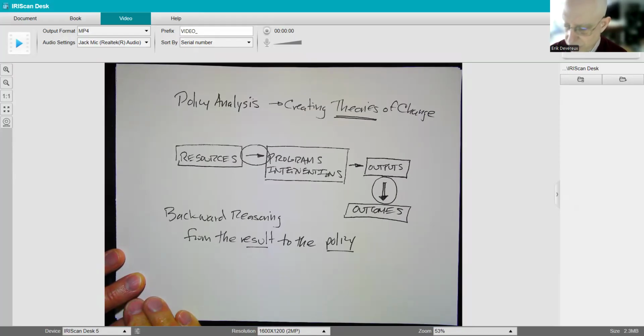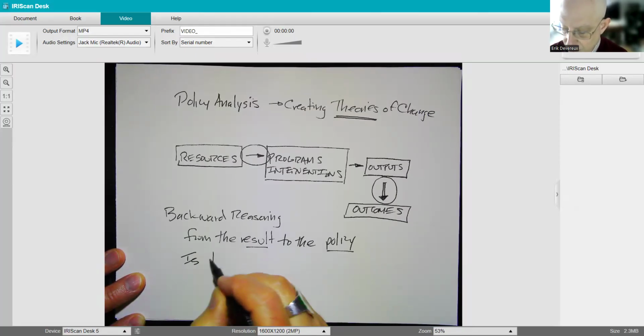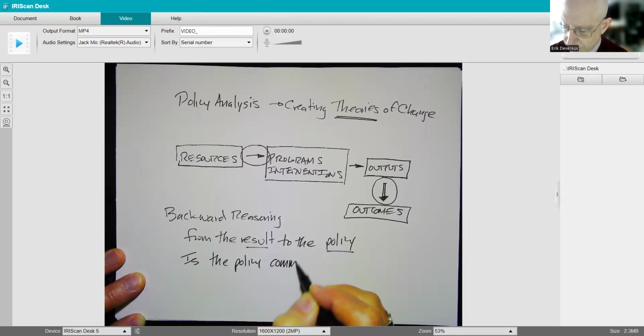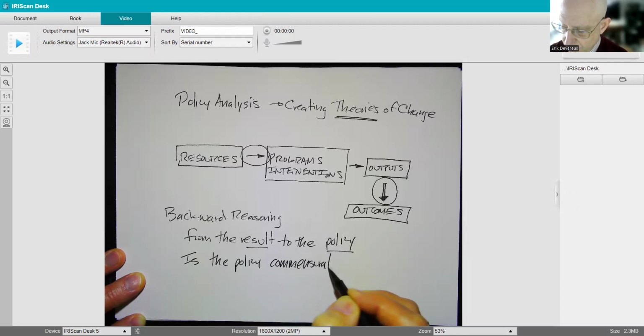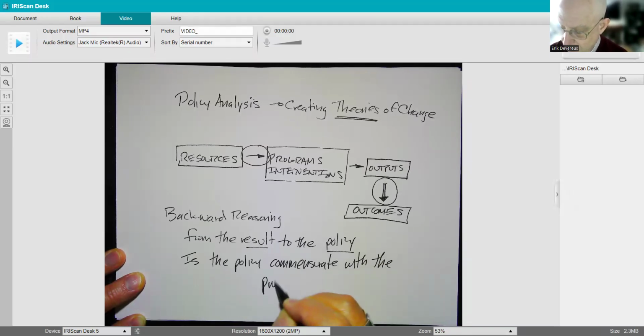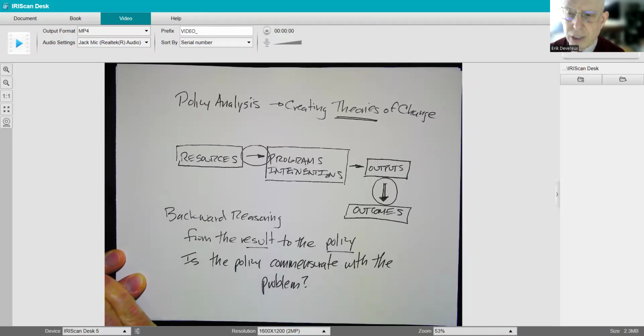And a number one question we can always ask is, is the policy commensurate with the problem? That is, is our intervention, our use of resources, actually commensurate with the problem we are trying to address?